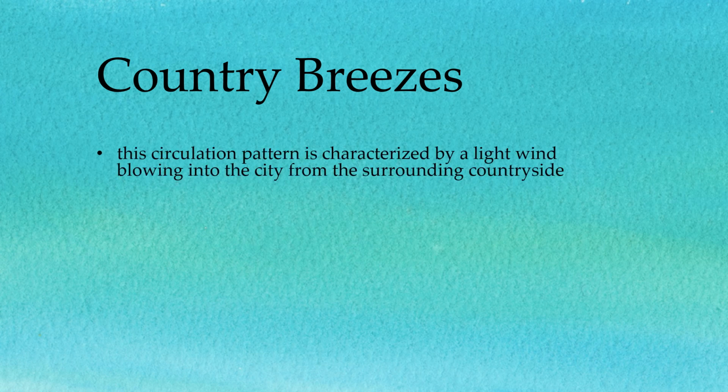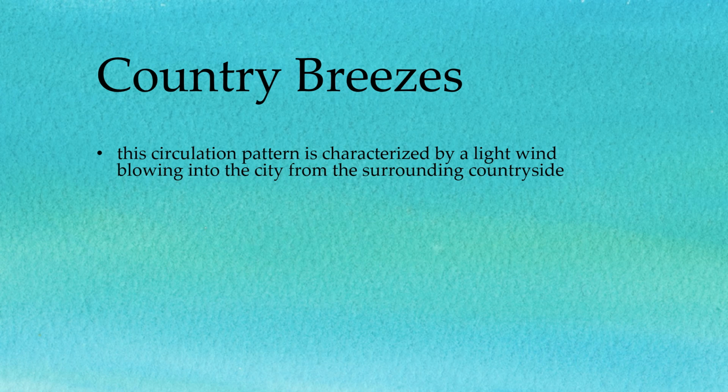The last of these local wind examples is the country breeze. These are called country breezes because the circulation pattern is characterized by a light wind blowing into the city from the surrounding countryside.